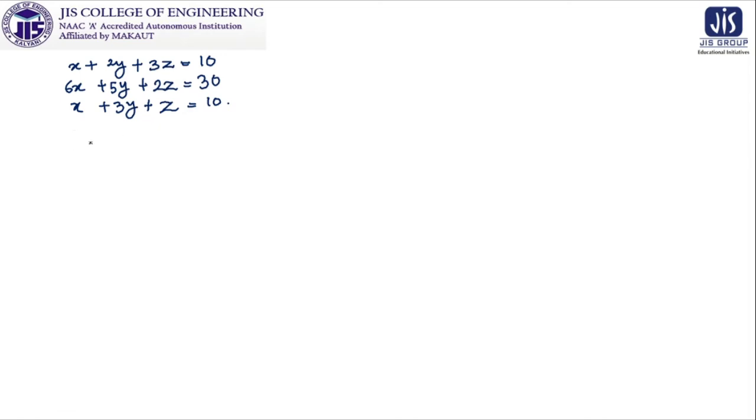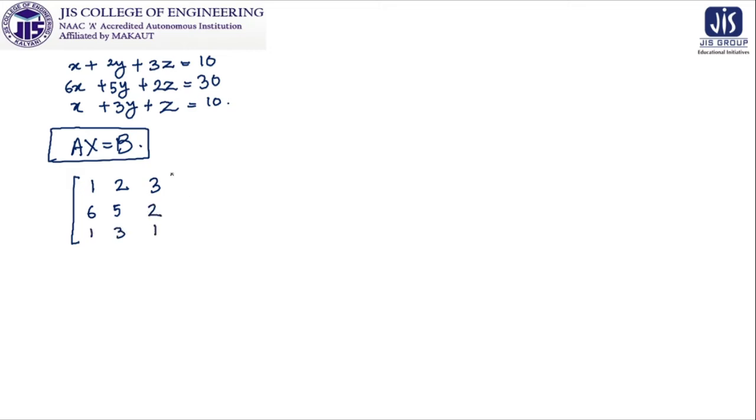in the next line we can write it in the form Ax is equal to B. Now if I want to represent it in terms of Ax is equal to B, this algebraic system can be represented as the matrix 1 2 3, 6 5 2, 1 3 1 times the unknown variables x, y, z.